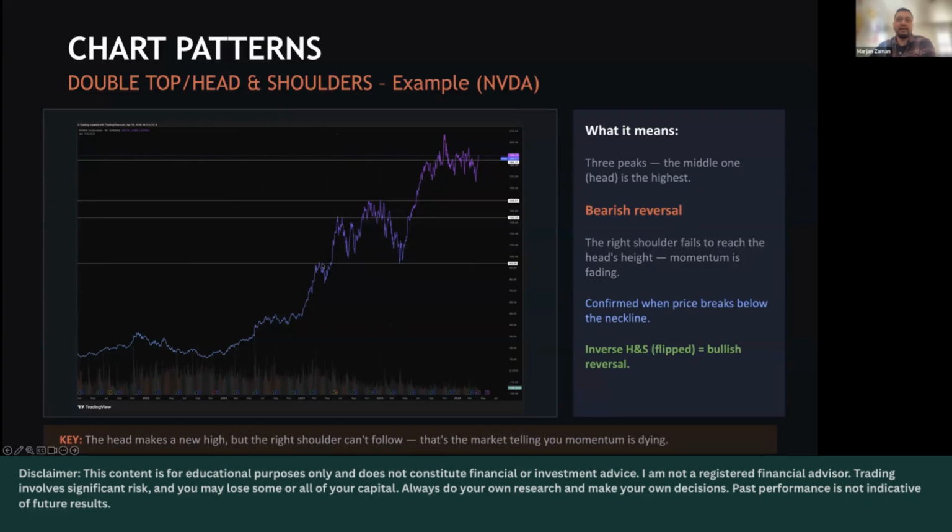But you didn't capitalize. But if you waited, and maybe you didn't get the top over here, but you saw, oh, a head and shoulders just happened over here. Let me sell. Then you would get a sell out of this level instead of this level. And then you can also decide to buy back lower, right? If you really believe in the company.